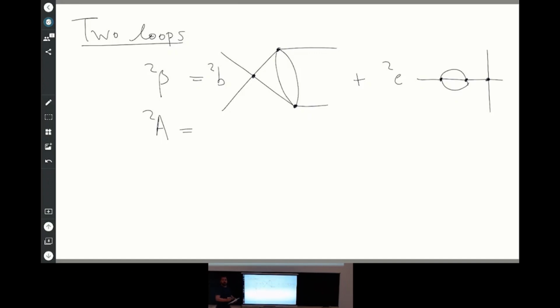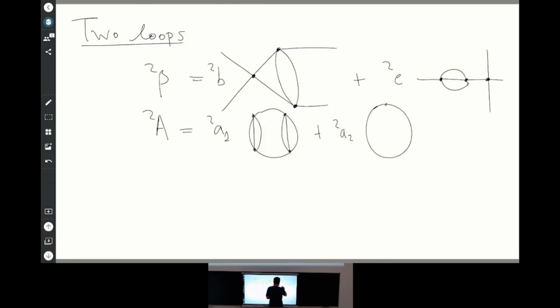Now there is more freedom. This A can come with a diagram like this, and then another diagram that looks like this, and then a third diagram that looks like this.